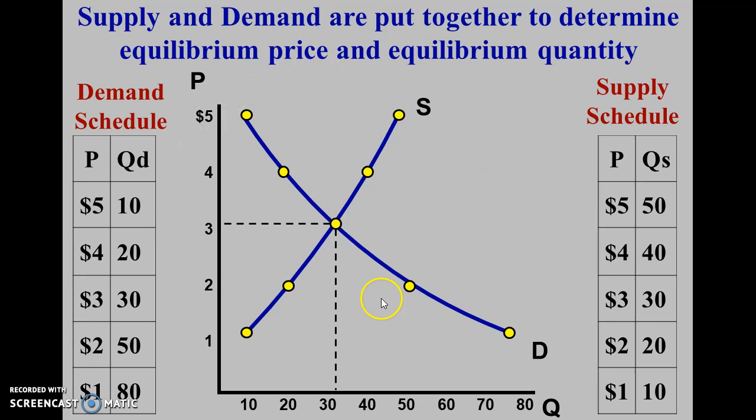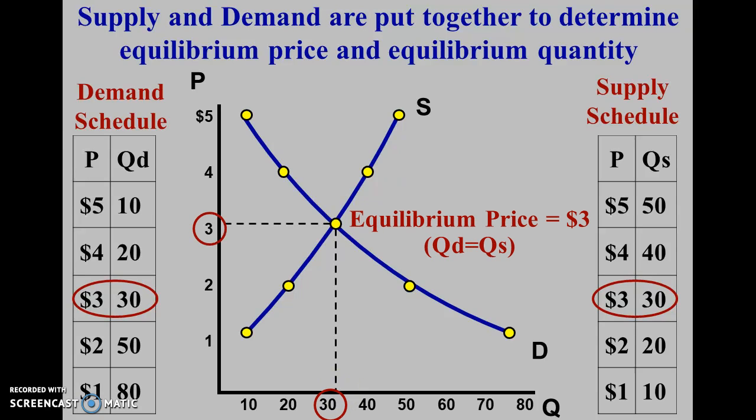For this good, our equilibrium price would be $3, and at a price of $3 we would have a quantity of 30. The market would clear, meaning we would have no excess and no shortages. So, equilibrium price, equilibrium quantity. Quantity demanded and quantity supplied are equal, and so the shelf is cleared.